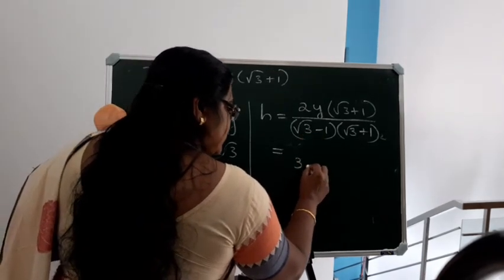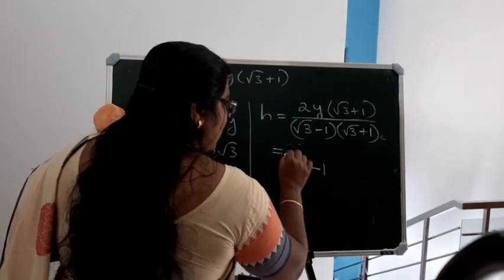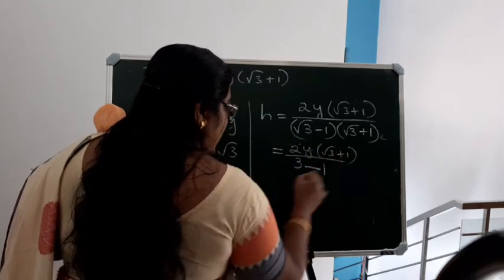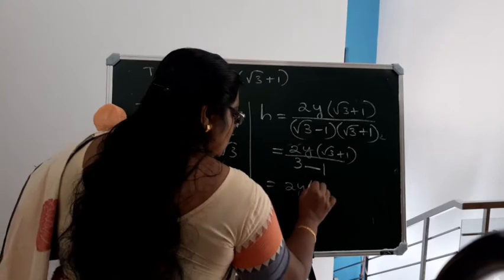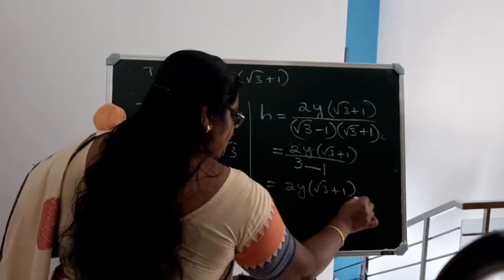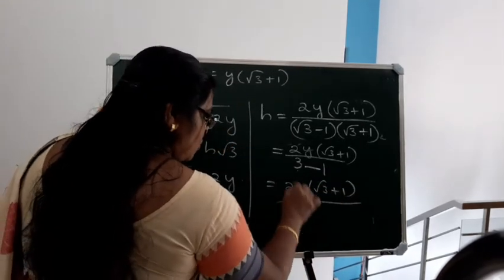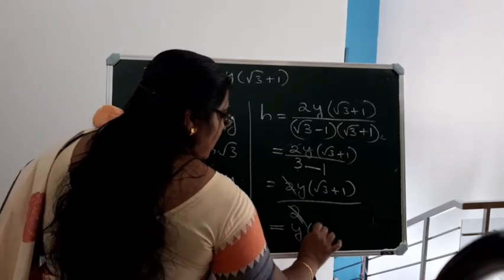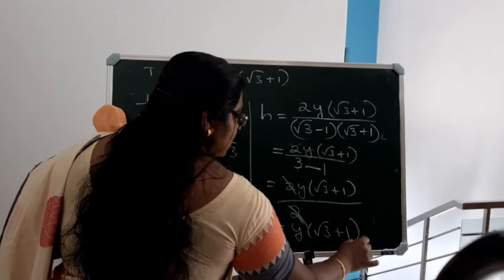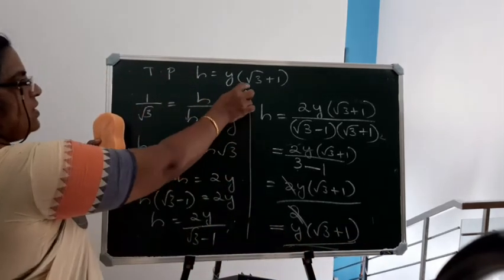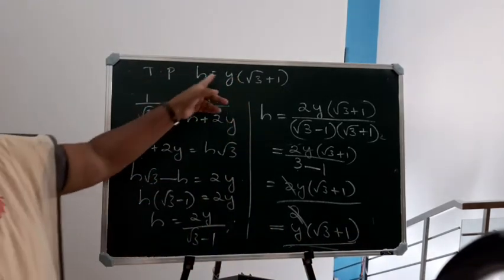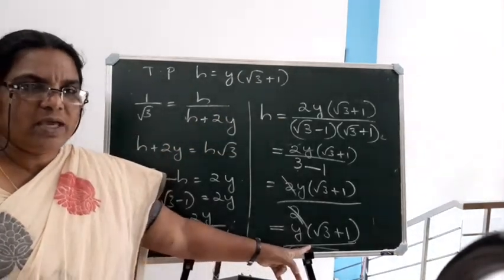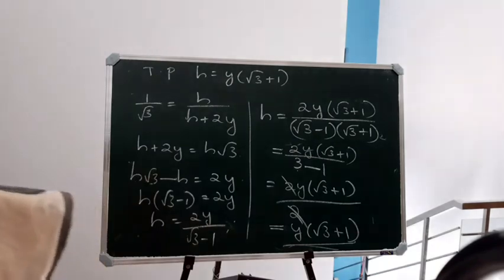Root 3 square is 3, minus 1 square is 1. The numerator is 2y into root 3 plus 1, divided by 3 minus 1, which is 2. The 2 cancels, so this is equal to y into root 3 plus 1. This is the height of the tower. This is our answer. Okay, so next question.